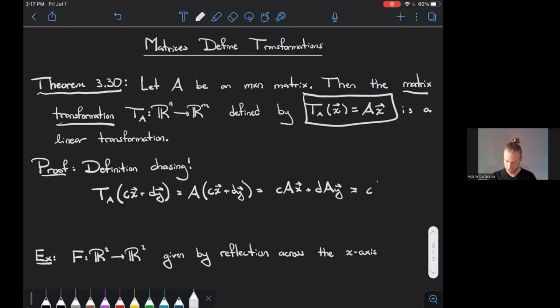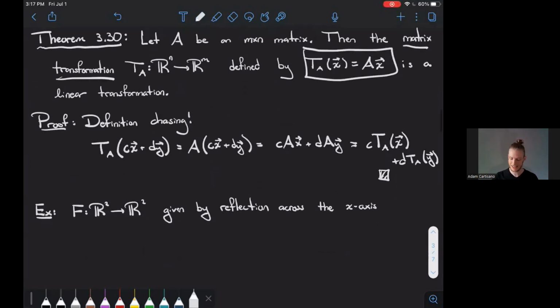So this is c T_A of x plus d T_A of y. But that's exactly what we have to verify in order to show that something is a linear transformation, that it preserves linear combinations taken inside of the domain. And so that's it. That's the whole proof. Great.